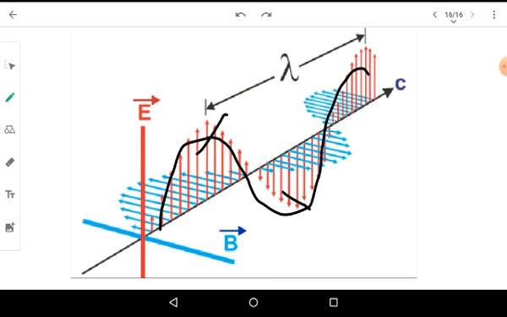Now this is a property of electromagnetic waves, that when you represent them as graphs, they are perpendicular to each other. Electromagnetic waves travel always in perpendicular direction. They both are perpendicular to each other. You can see from the diagram, it's a bit confusing, but you have to go with it.